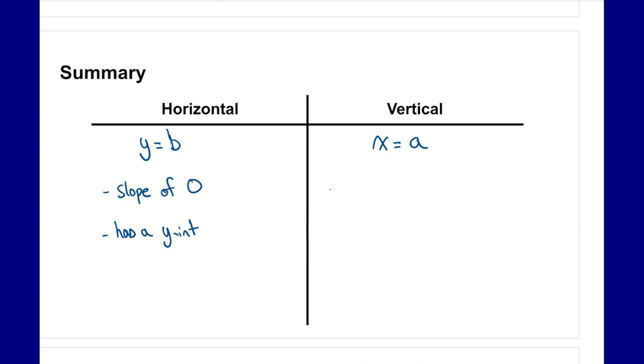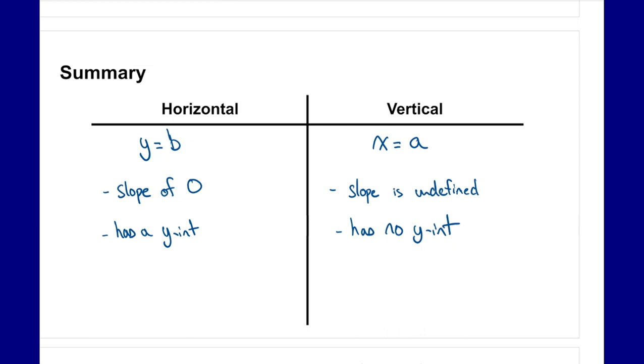For a vertical line, the slope is undefined, and it has no y-intercept. No y-intercept, or it's all y-intercepts, right? We could have a vertical line that is the y-axis, but for our general purposes, I would say that the vertical has no y-intercept.